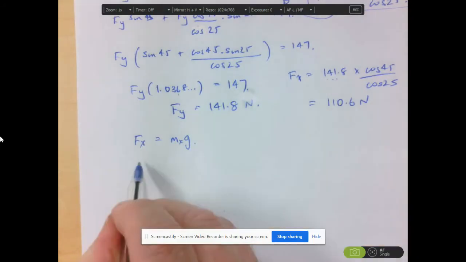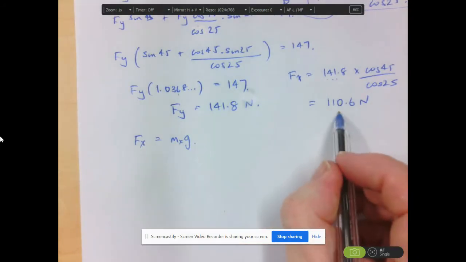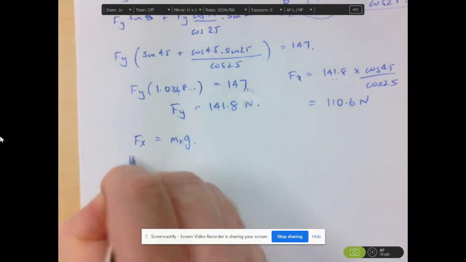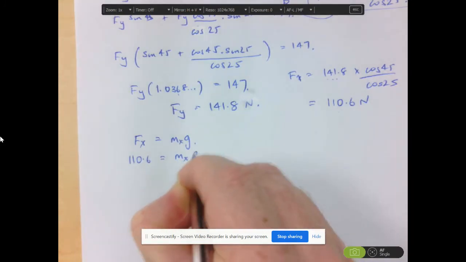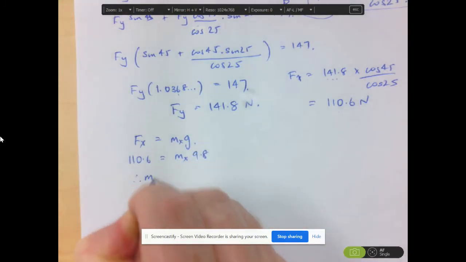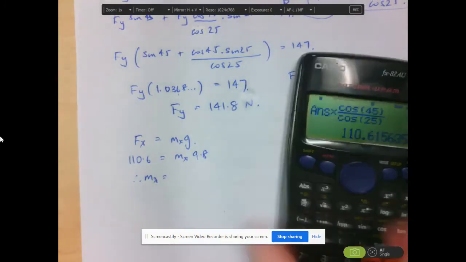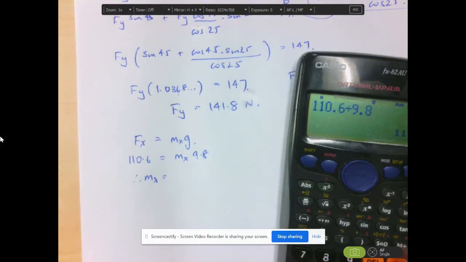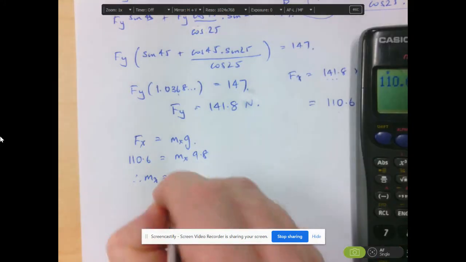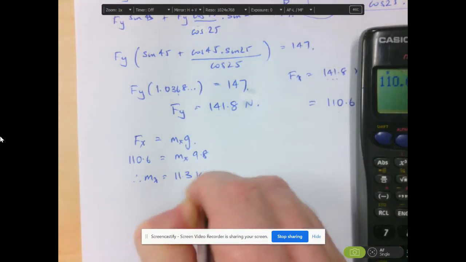Now we know force X is 110.6, and that would be the mass of X times 9.8, giving us the mass of X being 110.6 divided by 9.8, and it is 11.3 kilograms.